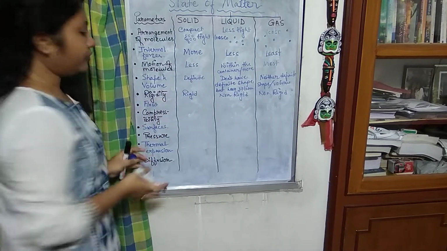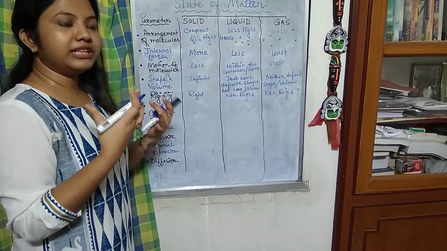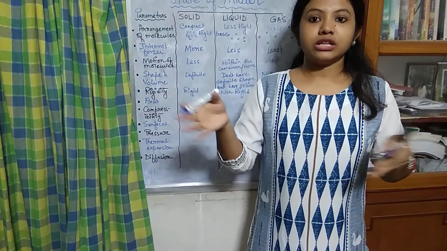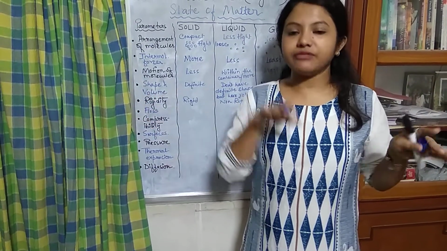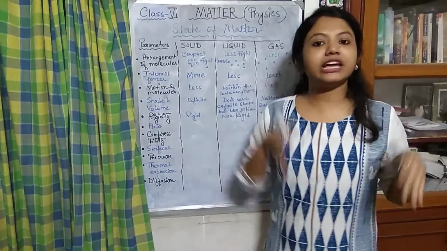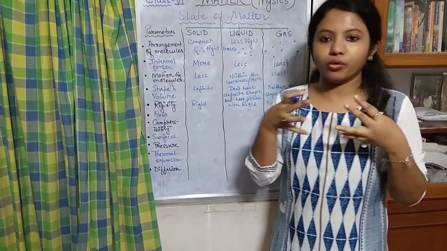Now talking about the flow. What do we mean by flow? Flow means if the state of matter has more intermolecular space, the more they will flow, because they will have fluidity. So solids cannot flow normally because their compaction is more.